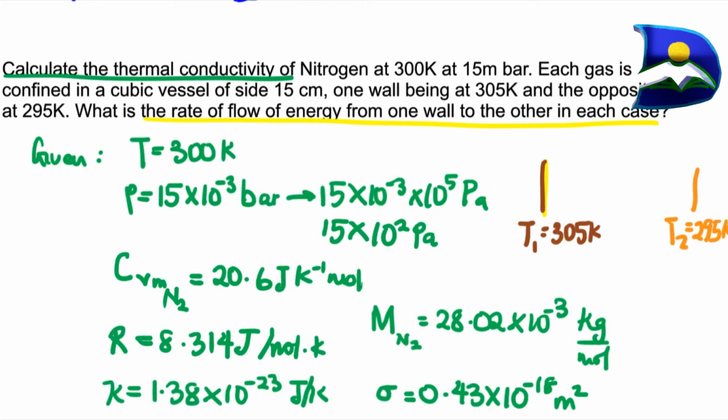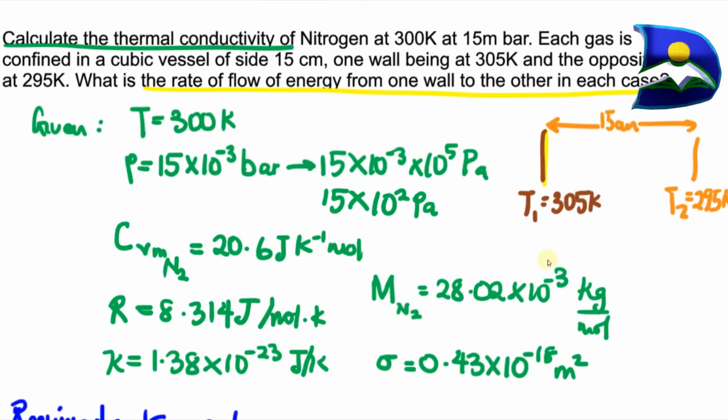And so we know that the cubic vessel has a specific length, or the distance the particles travel from T1 to T2 is roughly 15 times 10 to the power of -2 meters.